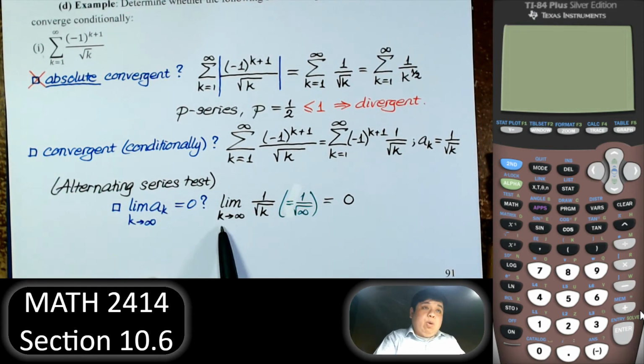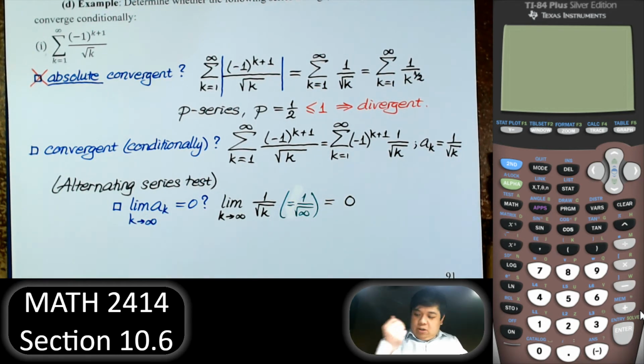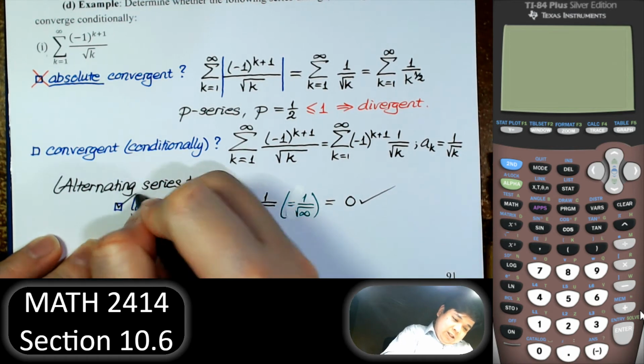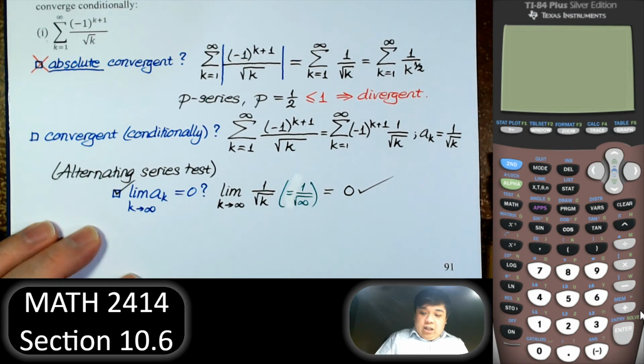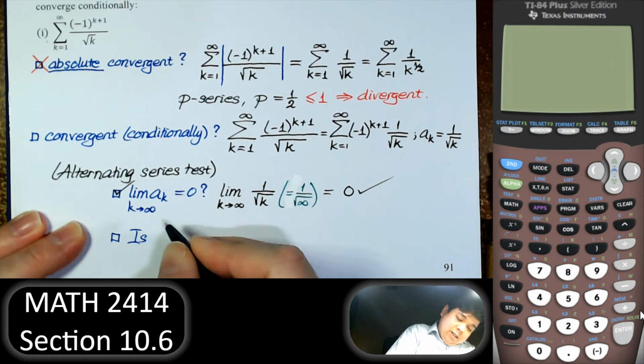So if we put in infinity, that's what we have, and that equals 0. A finite number over infinity is 0. So yes, the first one checks. The second thing we need to check is that h of k is non-increasing.